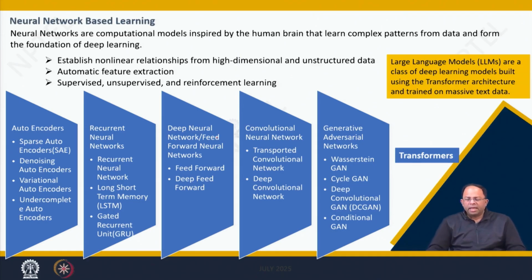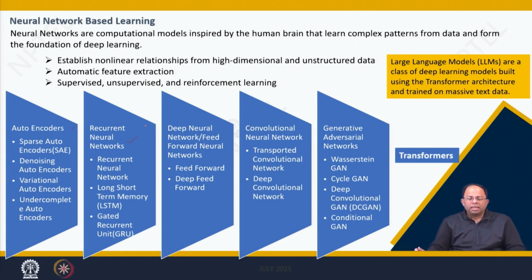So what are the different types? There are many types actually. Some are autoencoders. Then there are recurrent neural networks. As I was telling you earlier, when there is time series data where the previous data has to be remembered, that is where recurrent neural network comes in. Deep neural network basically is a more advanced version of neural network with many layers.